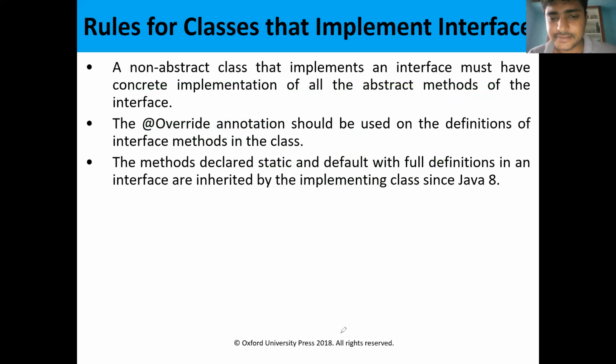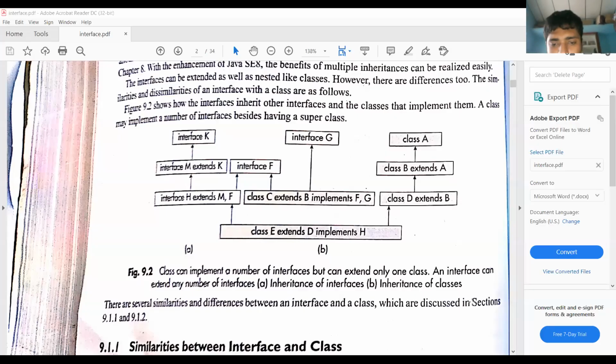So let us see one diagram. Here we have some classes as well as some interfaces. Suppose we have interface A, interface G, and class A. Let us see the classes first.